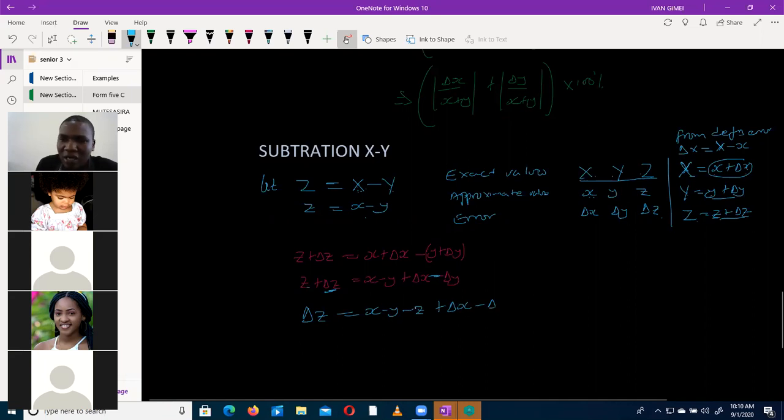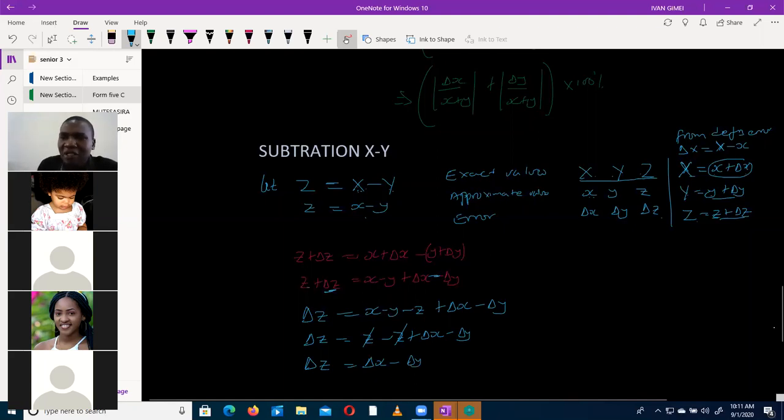What is this z? This z is the same as x minus y. So I can say I'm having error in z being the same as X minus Y, which is the same as Z, minus this z, then plus error in x minus error in y. So this and this will cancel. We shall end up with error in z being the same as error in x minus error in y.